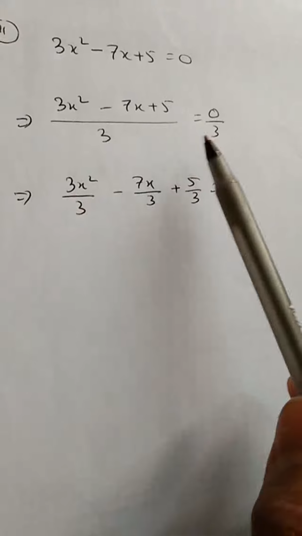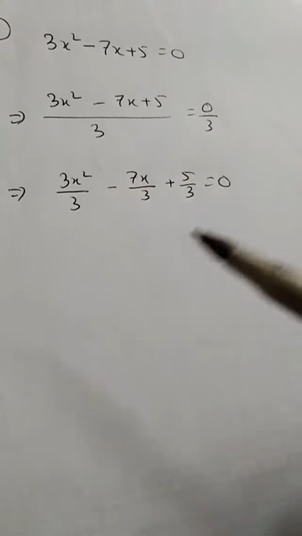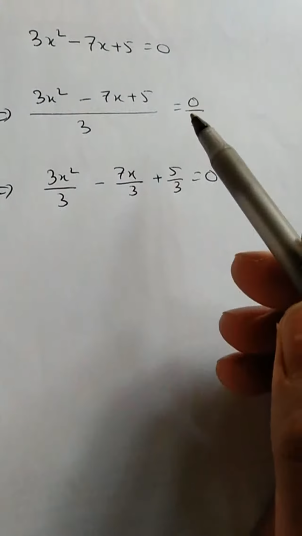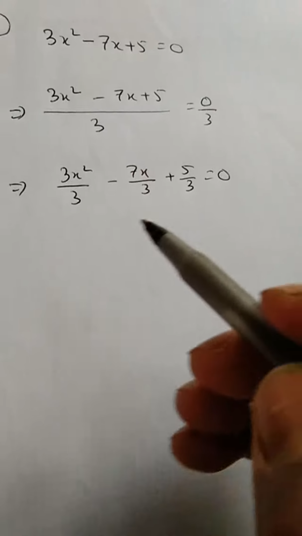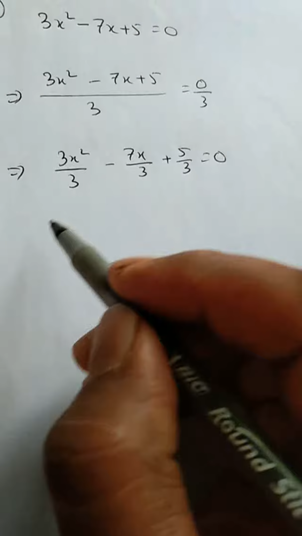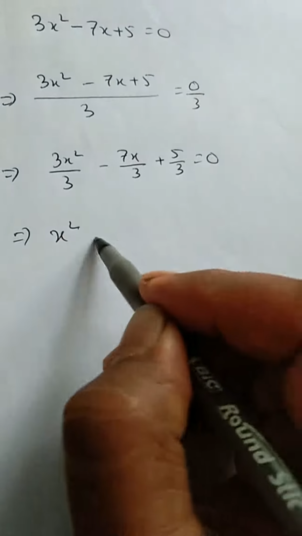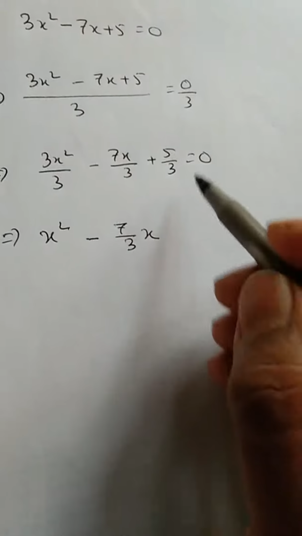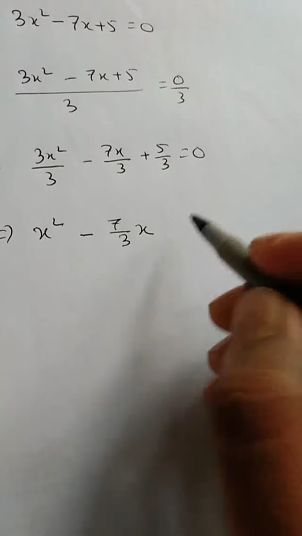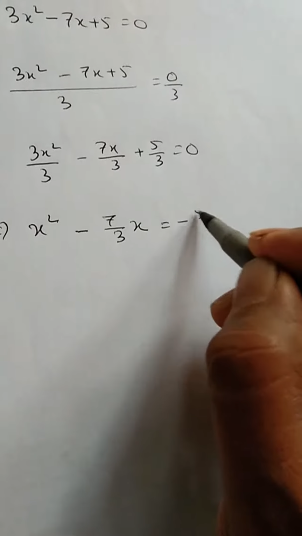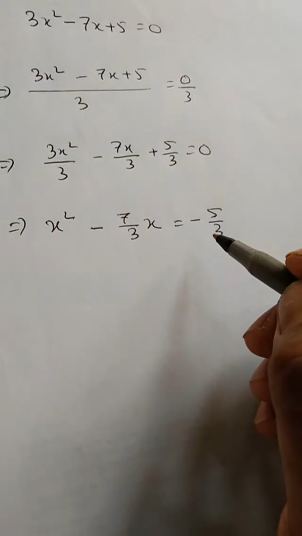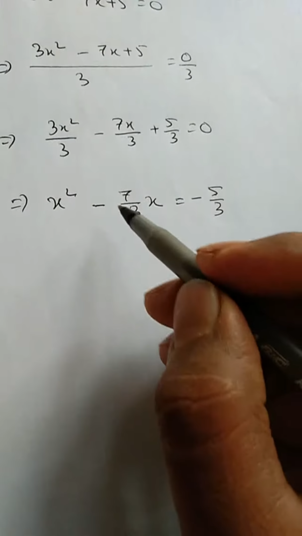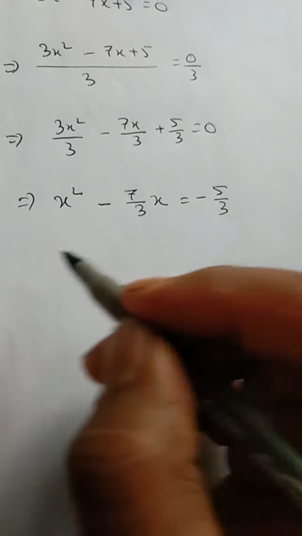We have divided both sides by 3, then distributed 3 with each term, and the right side 0 by 3 equals to 0. Now this will be x square minus 7 by 3x, and this 5 by 3 will shift to the right side, equals to minus 5 by 3. Then as earlier, this term we have to convert to 2 into some number into x.